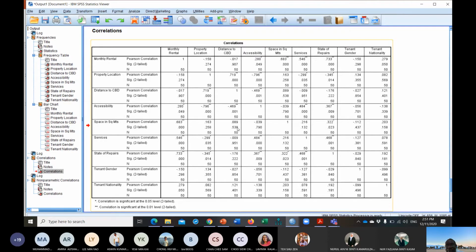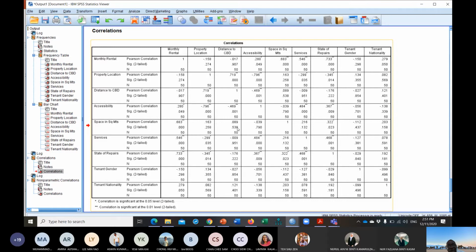Class? Clear. Okay, good. Now, we are going through this again because we want to do regression, a multiple regression, where more than one factor is affecting a dependent variable. Now, from this explanation, let's assume that rent, our monthly rental income, is now our dependent variable.